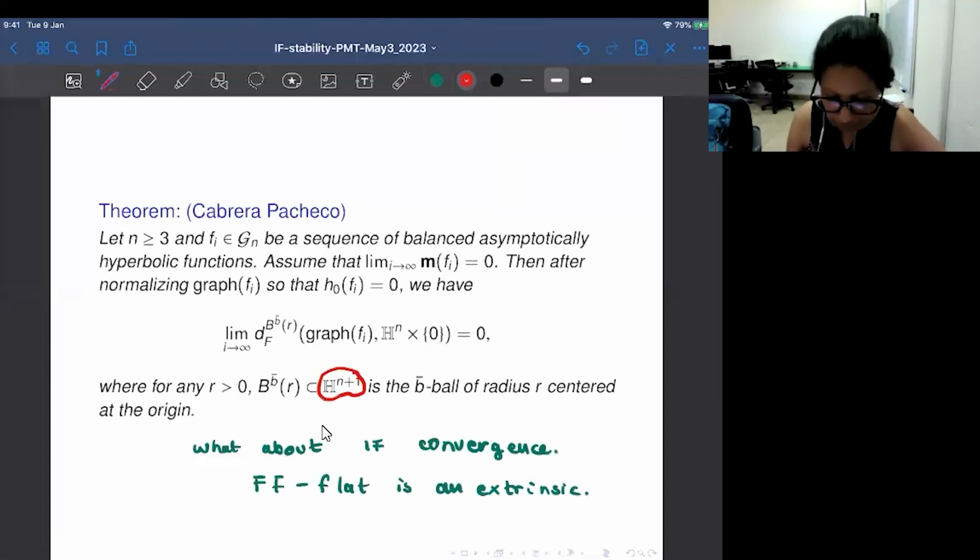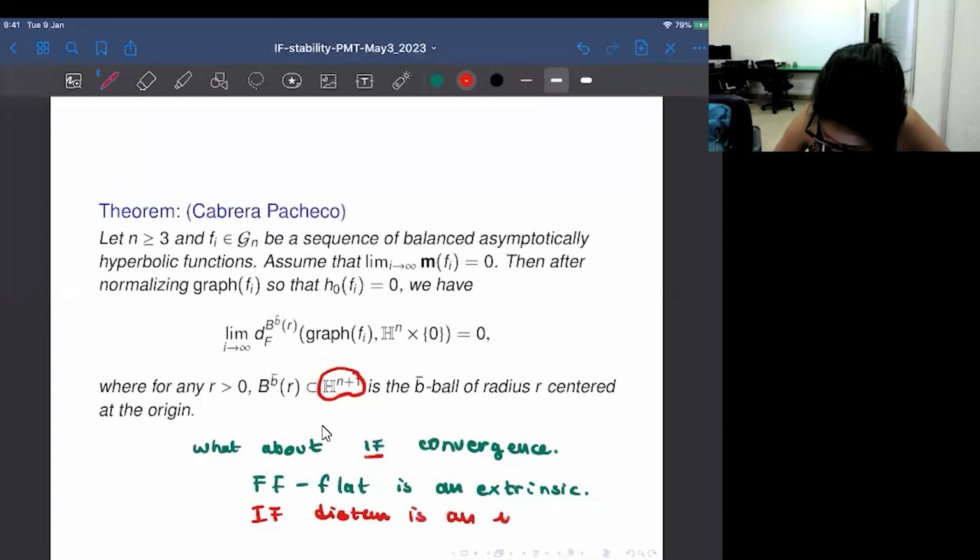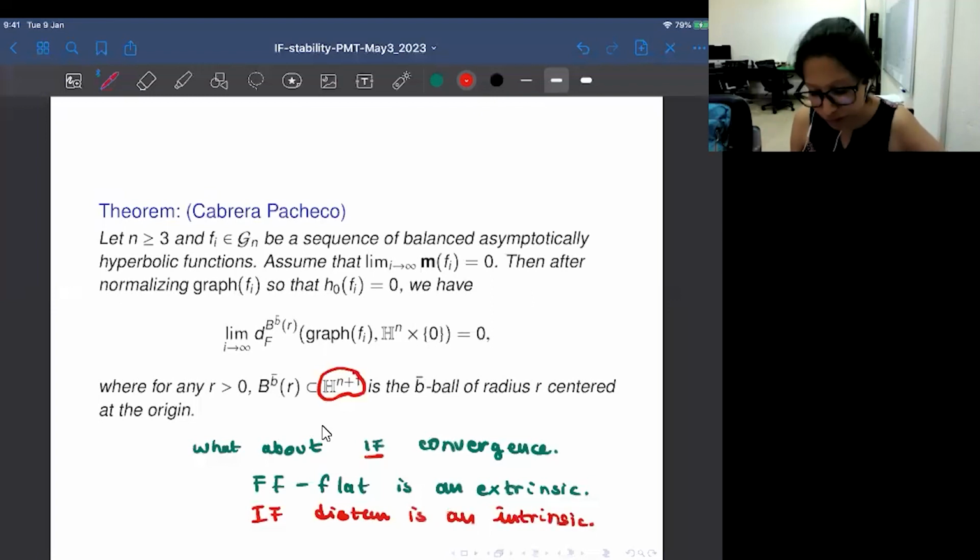So it really mattered that these manifolds were here, but intrinsic flat distance is an intrinsic distance. So it doesn't matter that they are in Hn+1, but it matters because of the geometric quantities that we will obtain given that our manifolds are graphical manifolds. But it's not important at all that they are in Hn+1.